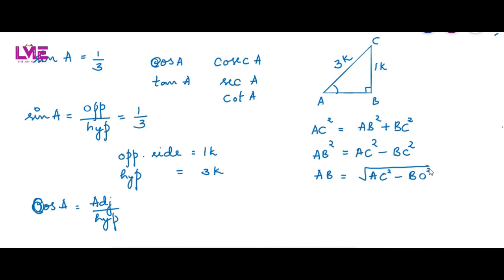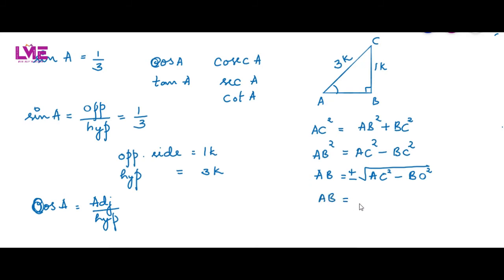We can write plus or minus here, but the minus sign will not be considered, because AB is the length of the side, so we don't have negative length. So negative can be discarded, so let me write AB as a positive value only.